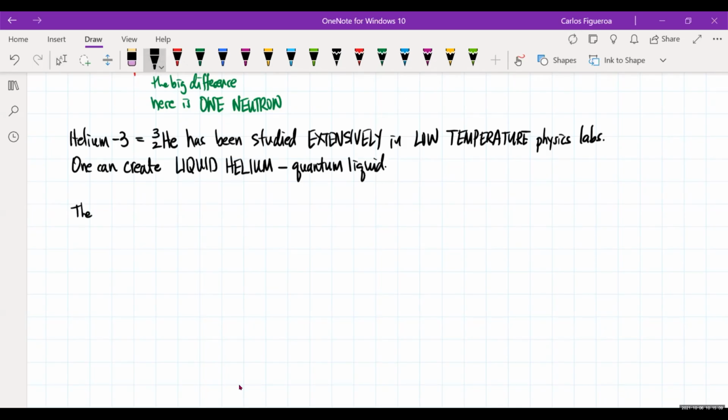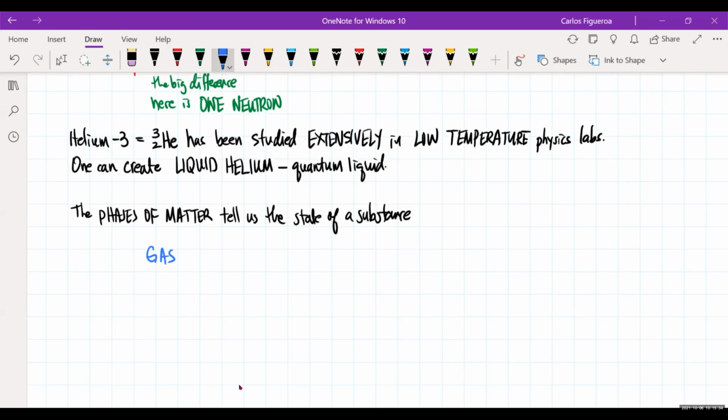The phases of matter tell us the state of a substance. And you're all familiar with this. For example, we could start off with the gas. So what gas will I think? Well, let's think about water vapor.